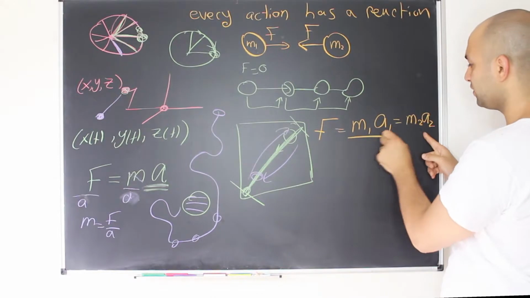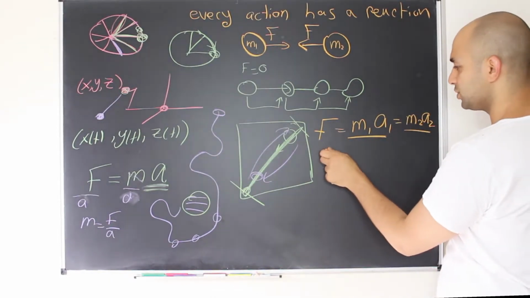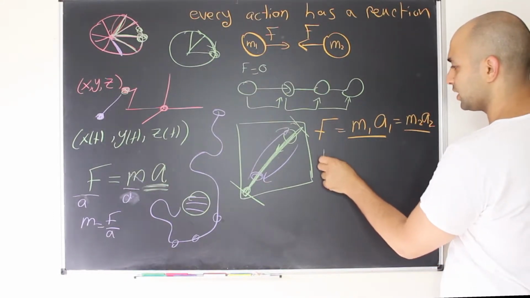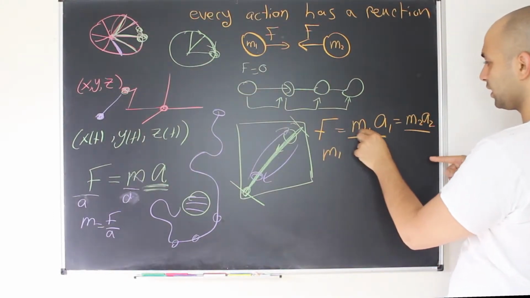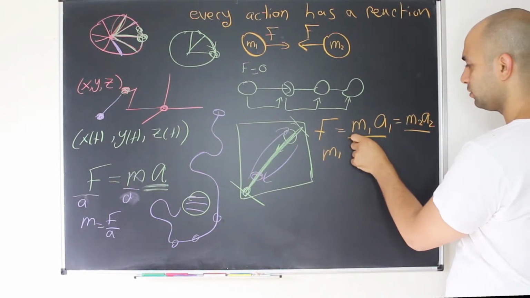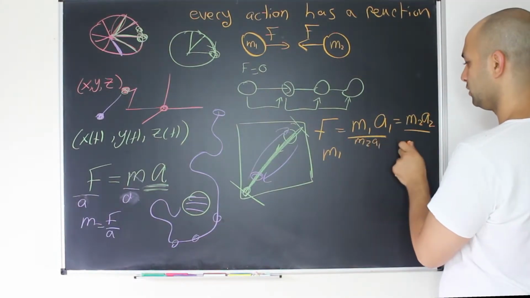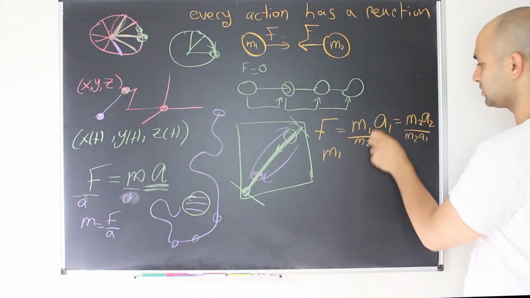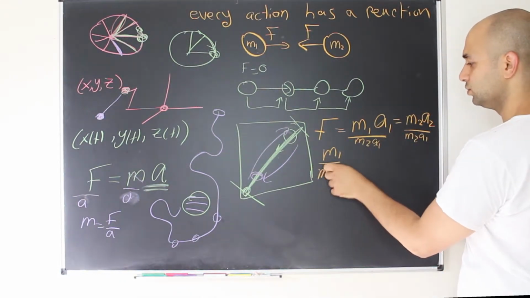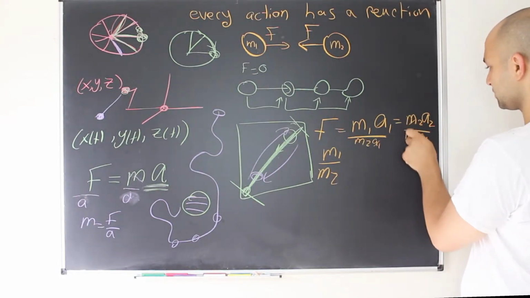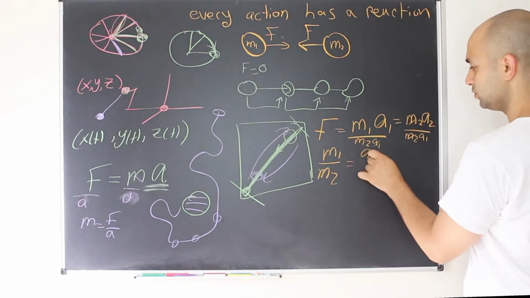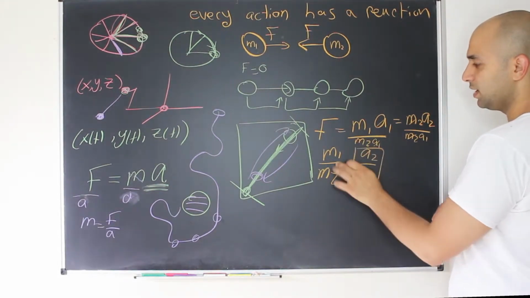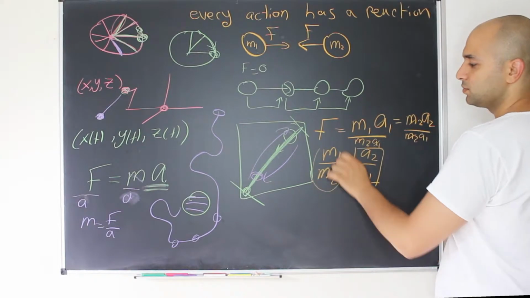So now, given that those two are different, we can divide out the mass on both sides. So this cancels that, you get m1 over m2, and this cancels that, is equal to a2 over a1. So I can measure this part, and now I can measure the ratio between the masses.